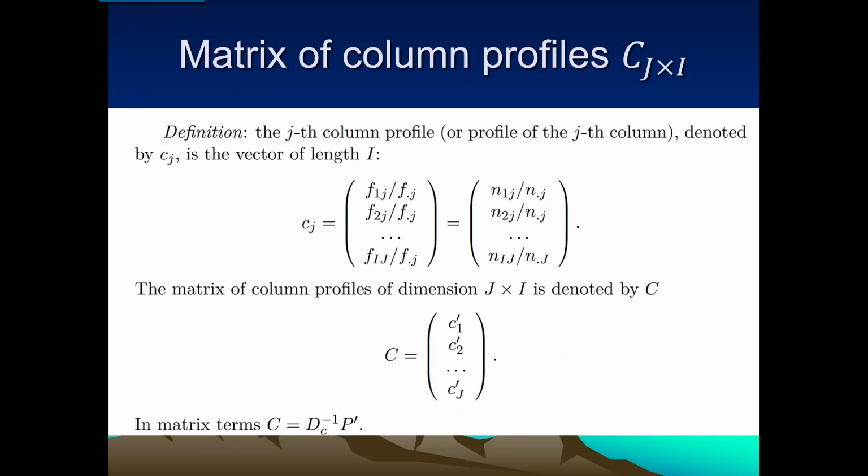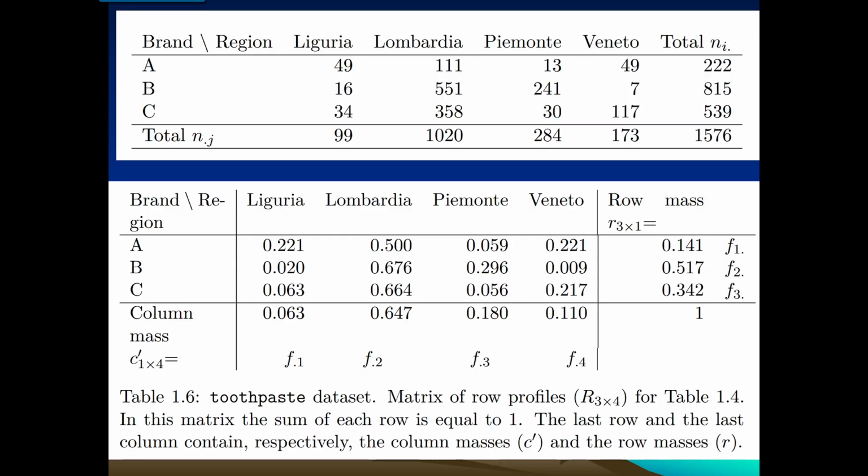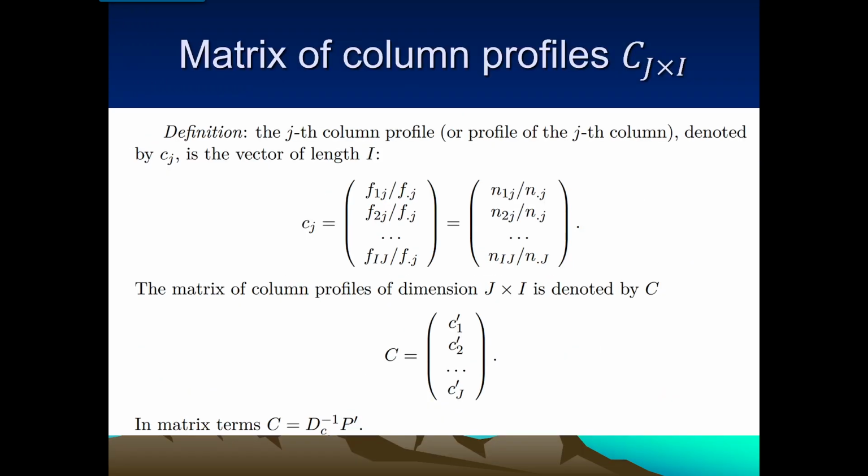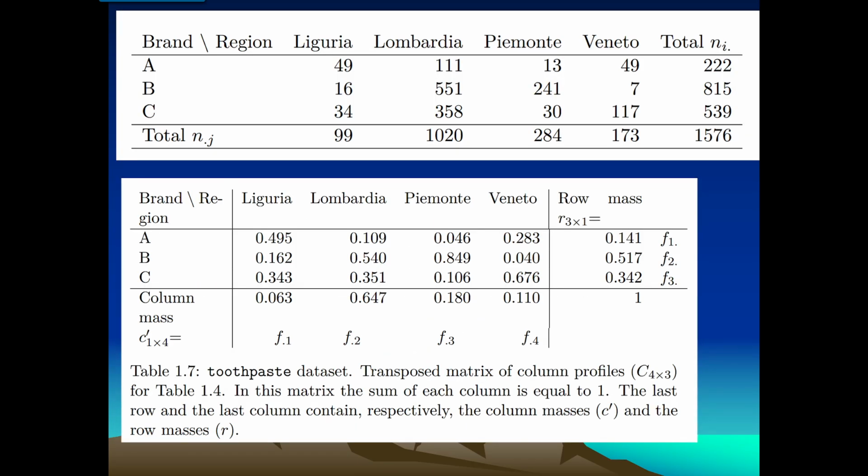And now you can do the same. This is for row profiles, but you can do the same with column profiles. So you divide by the total of the column, and this is the transposed matrix of column profiles.